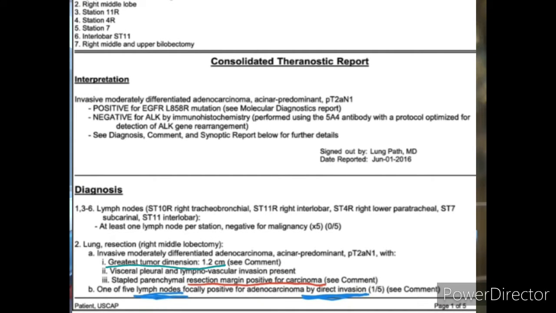But in this case, it's different. What the pathologist is saying is the cancer actually spread by direct invasion. Basically the tumor pressed up against some lymph nodes and actually invaded the lymph node that way by direct pressure, sort of eating into the lymph node, to use a non-technical term, instead of small cancer cells spreading and eventually ending up in that lymph node through the lymphatic system, for instance.